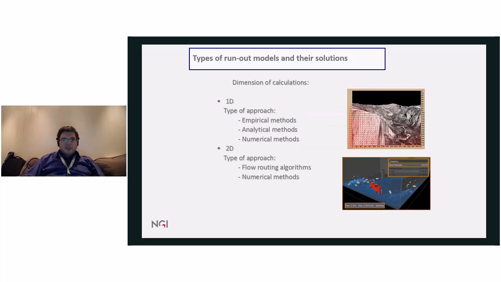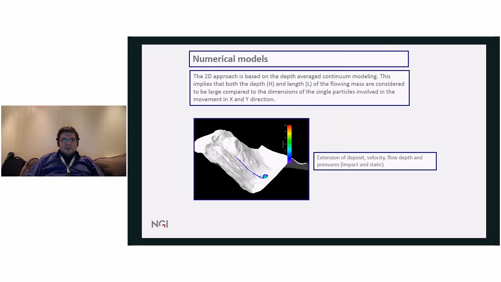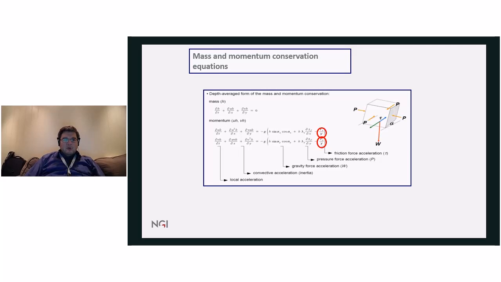There are different approaches for runout evaluation. We can have 1D approaches and 2D approaches. The 2D approaches are based on depth-averaged continuum modeling. All these models have to take as a basis the equations of conservation of mass, this one, and the equations of conservation of momentum.